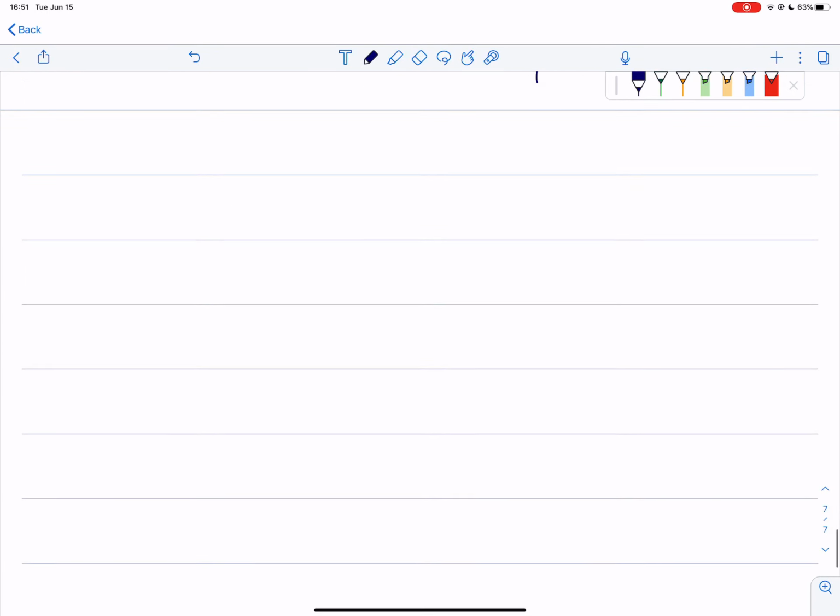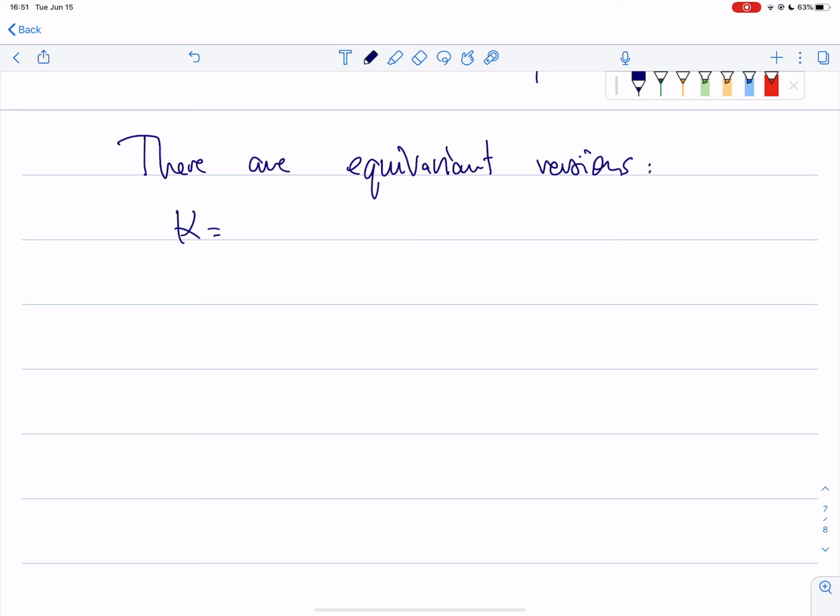Let me just say that there are equivalent versions, which would be to the previous one what the study of G-spaces would be to the study of spaces. So K would be, let's say, the compact part inside SH of G, and that would be T. Let me not go too much into that, but it would be very similar to what was done before, except that there is a subtlety in what we mean by stabilization.